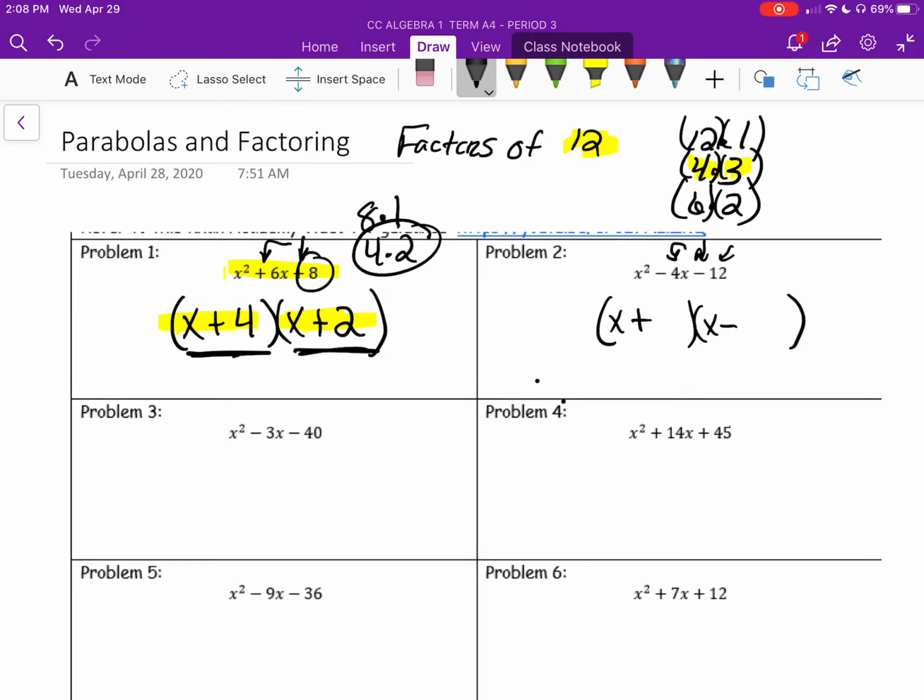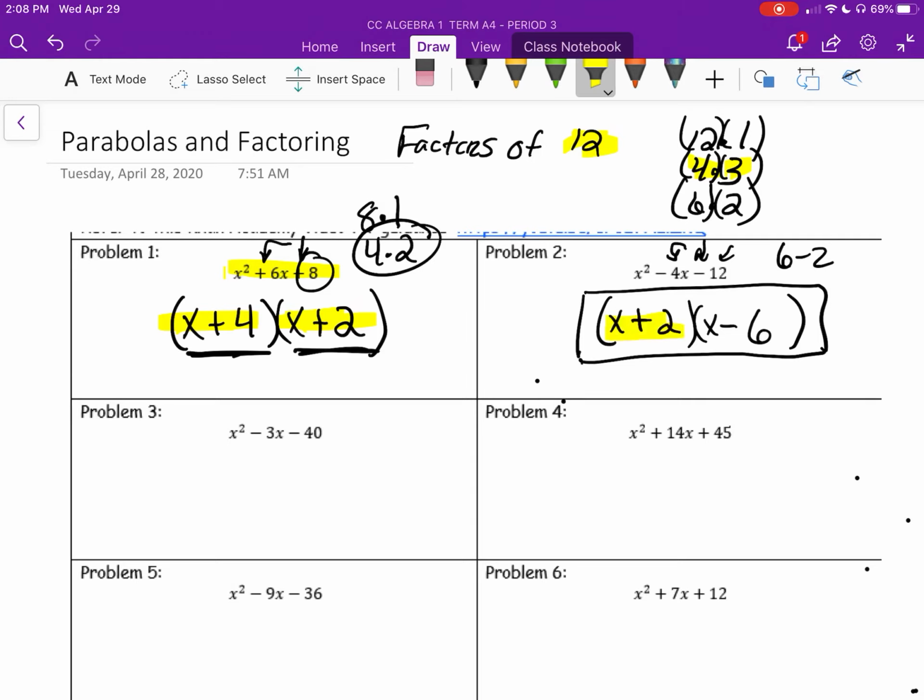Well, what are they? If you notice, 6 and 2 subtract to give me 4. But I want negative 4. So I'm going to put 6 here on the negative and 2 on the positive. So negative 6 times 2 gives me negative 12. And negative 6 plus 2 leaves me with negative 4.